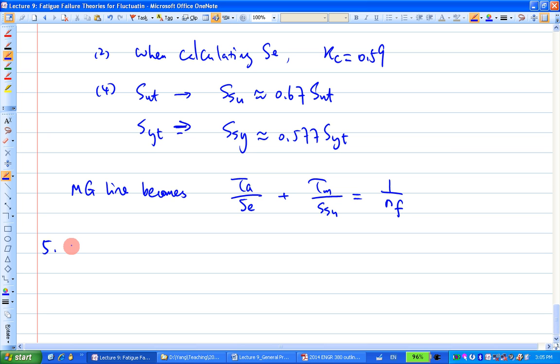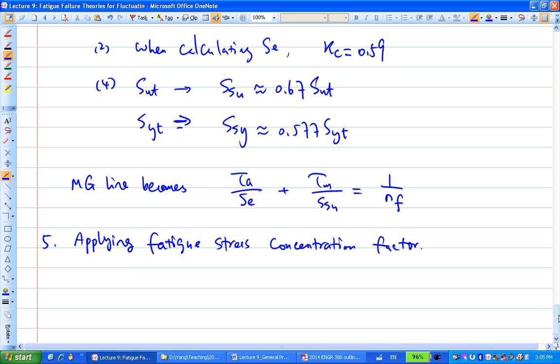Bullet point 5, stress concentration. So how do we apply the fatigue stress concentration factor? You might think this is kind of unnecessary because in the previous lecture we talked about how we may have Kf, maybe a Kfs, right?